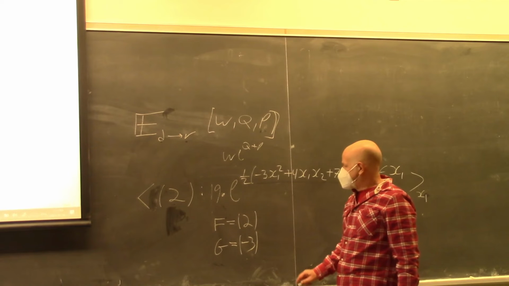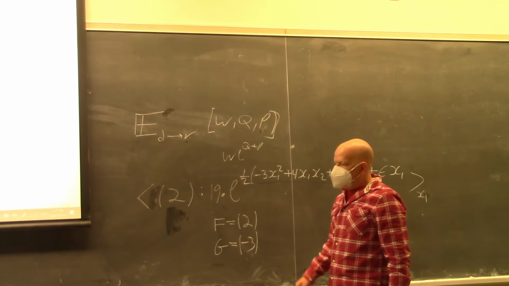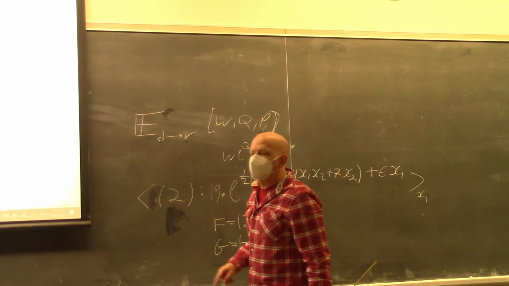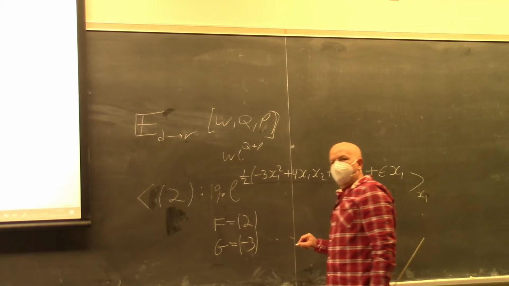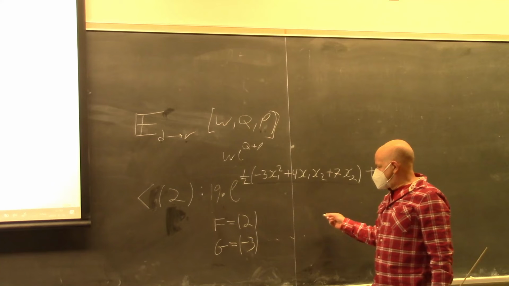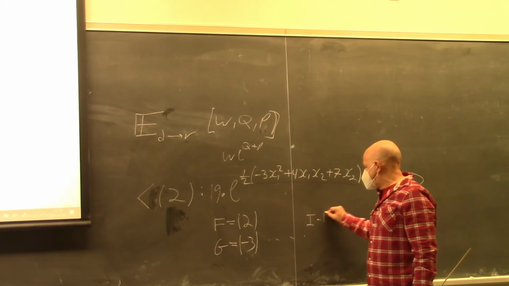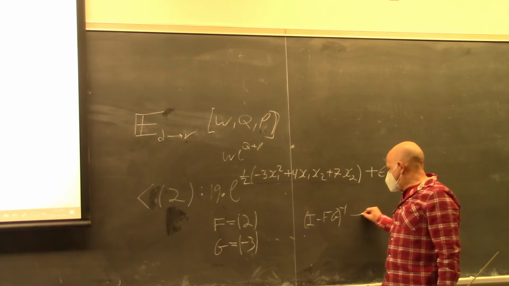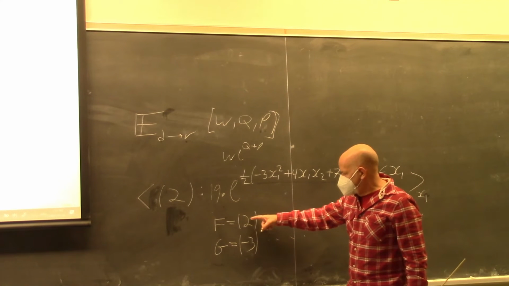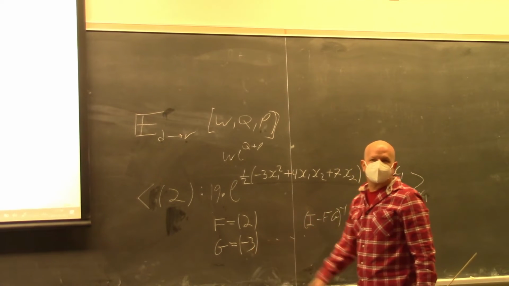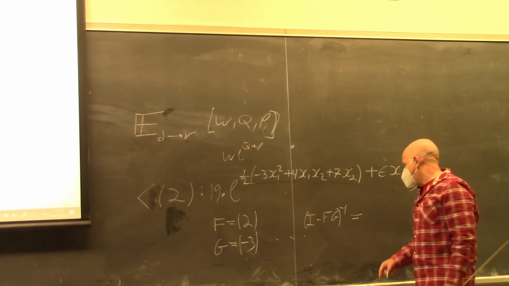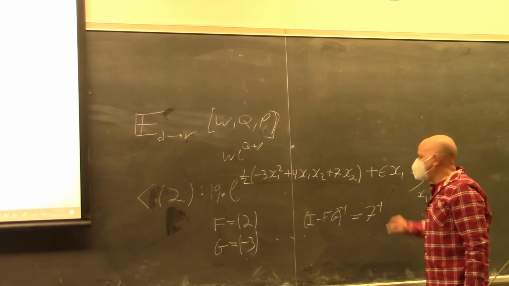Okay? The formulas tend to involve 1 minus Fg inverse. In our case, 1 minus Fg inverse is 1 minus 2 times -3. That's 1 minus -6, so that's 7. So this involves 7 inverse.